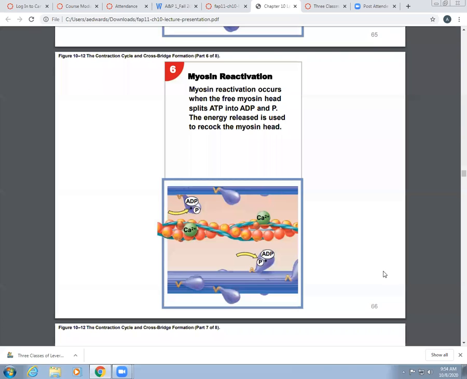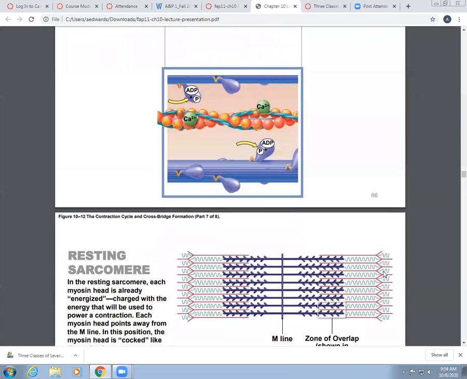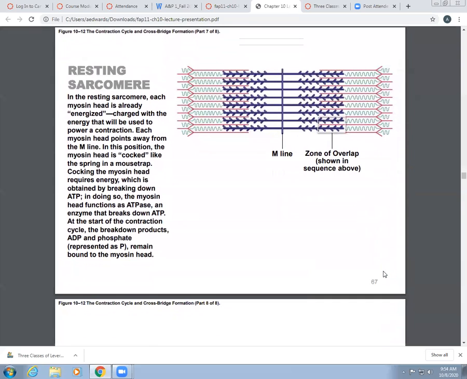All right, so let's go back. Resting sarcomeres, so let's review what we talked about last class. This is your thick filament, myosin. The red is actin. The green is titin, which helps to stabilize actin and myosin.